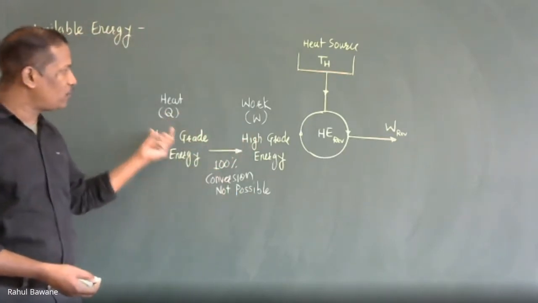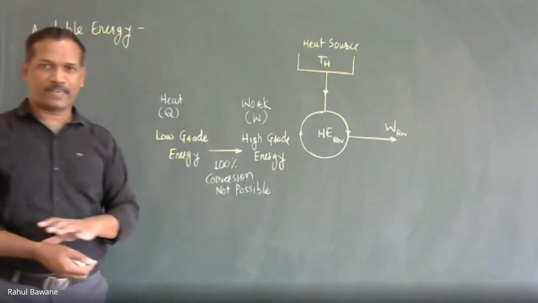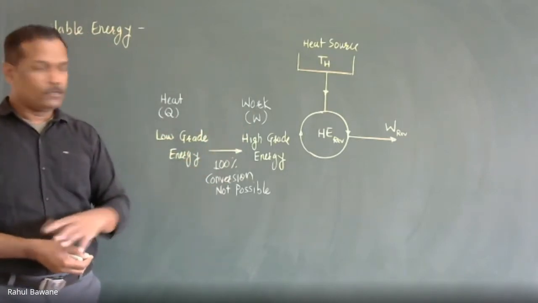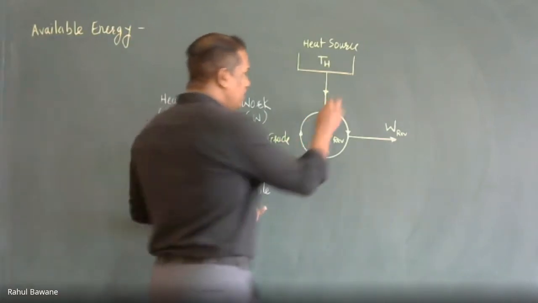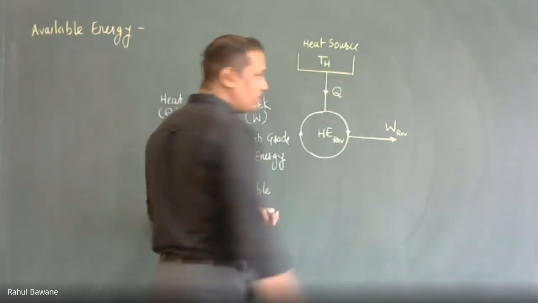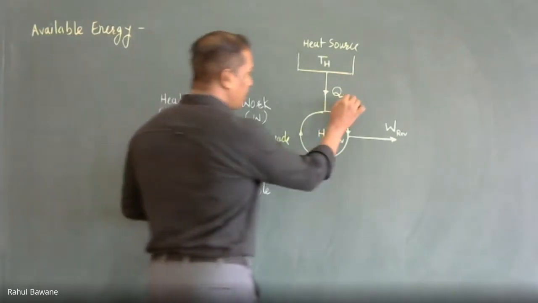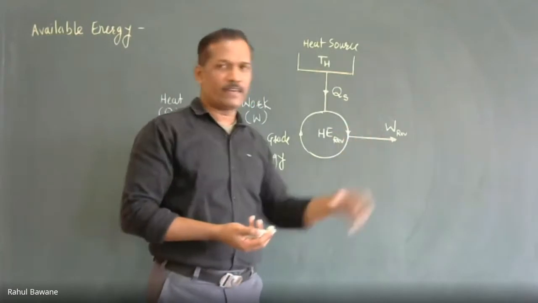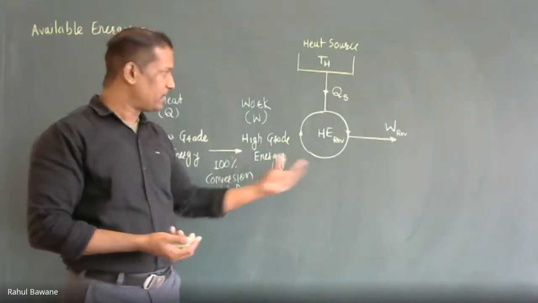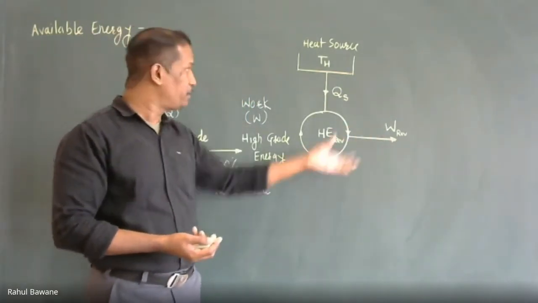So heat cannot be completely converted into work. It is never possible. You are taking Q amount of heat, and suppose this Q supply is completely converted into work done. Our second law also says the same thing: it is impossible.